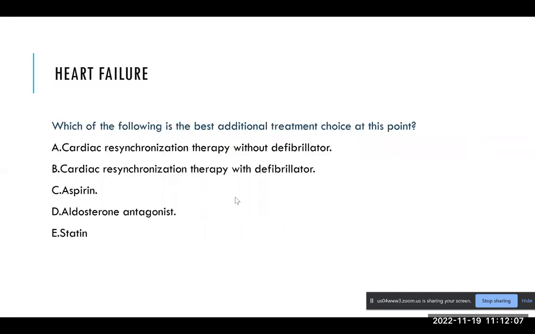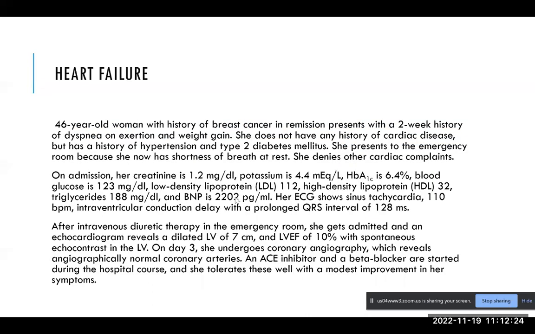Which of the following is the best additional treatment choice in this patient? CRT without defibrillator or with defibrillator, or aspirin, or aldosterone antagonist, or statin. So this is the stem of the question to read it.